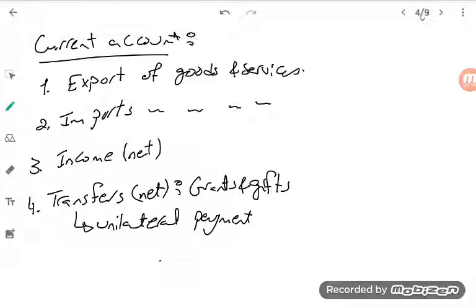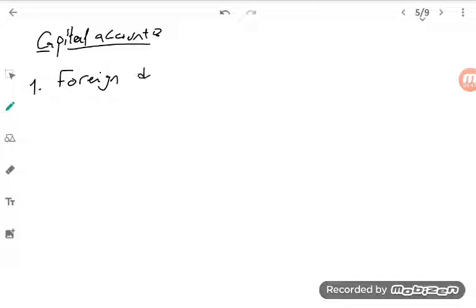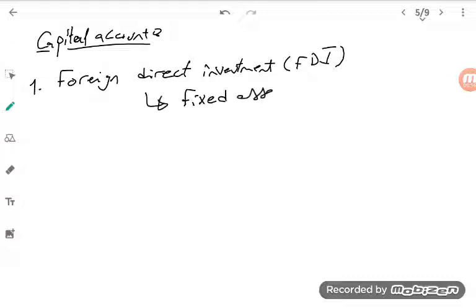With respect to the capital and financial account, it consists of three main components. Number one, foreign direct investment, or FDI, which is investment in fixed assets, as we said, building and land.